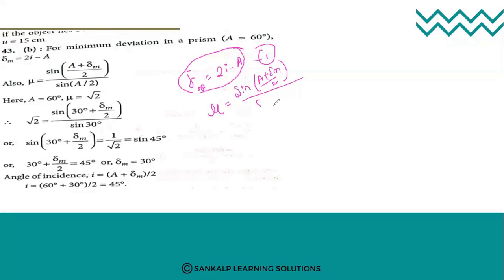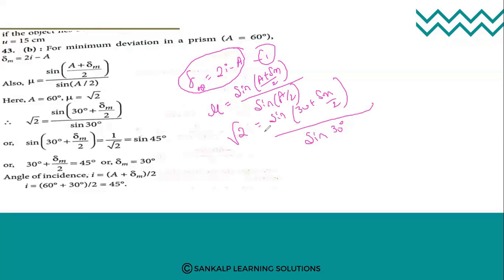So A is equal to 60 degree, and the refractive index mu is given as root 2. So root 2 is equal to sine of (30 plus delta M by 2), this whole divided by sine of 60 by 2, which is nothing but sine of 30 degree.